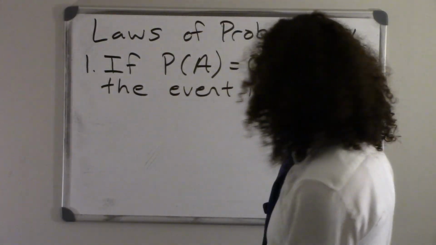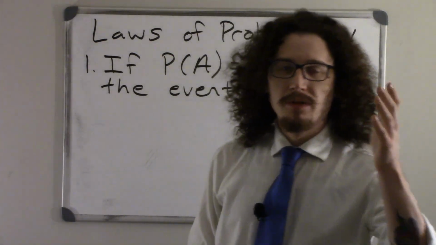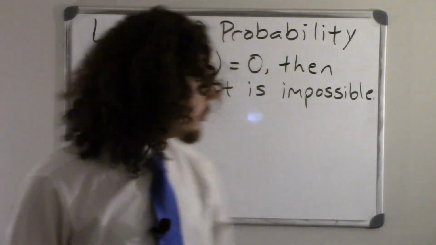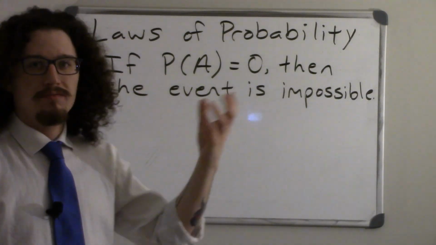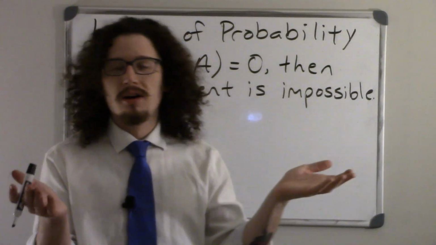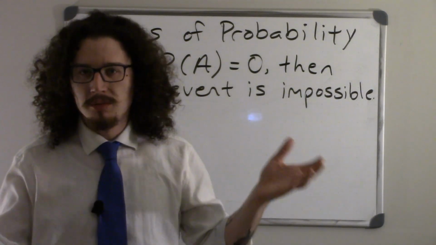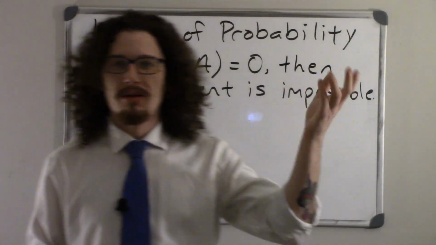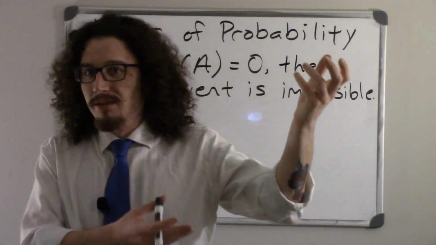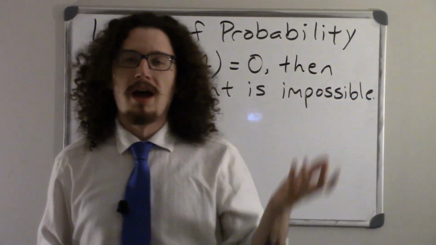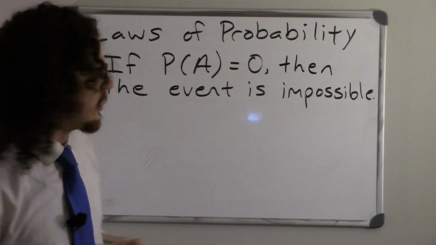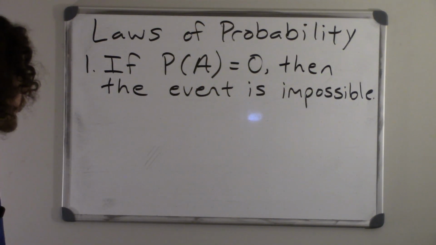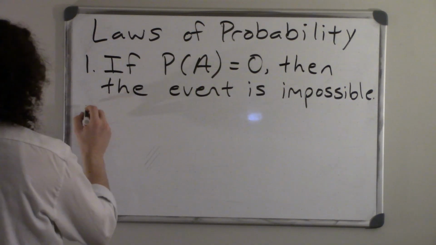With the classical approach, we know that the number of outcomes in event A is what's in our numerator. So if out of all of the possible outcomes in our sample space, none of them fit our event, meaning that the event can't happen, we would have 0 outcomes in our event. 0 divided by anything, of course, is going to be 0.